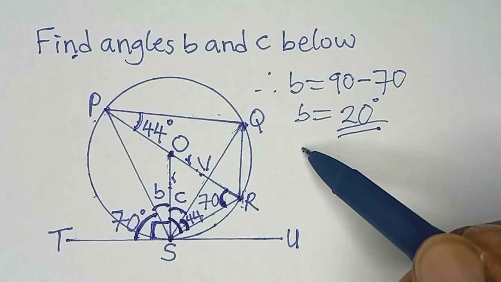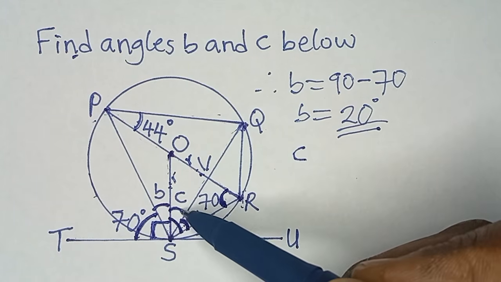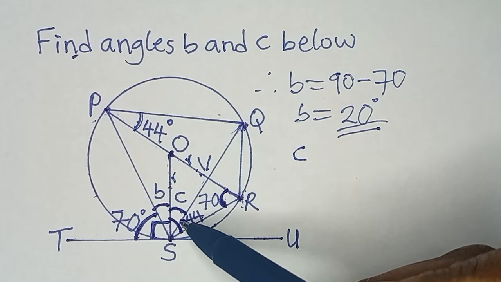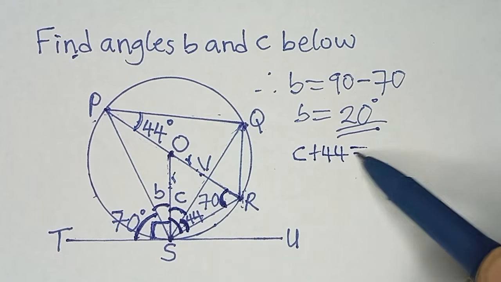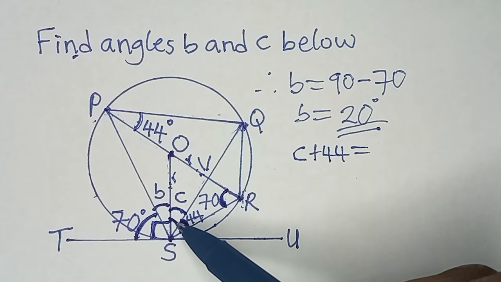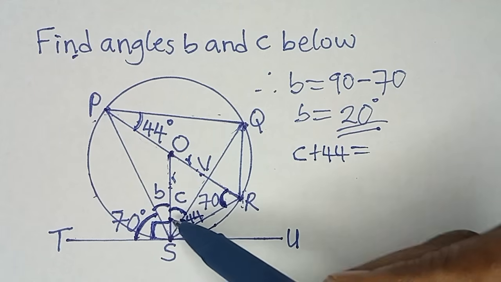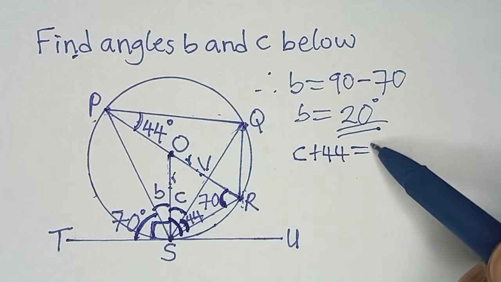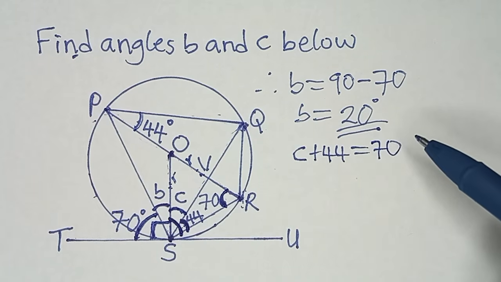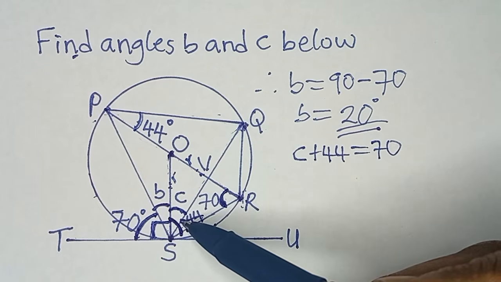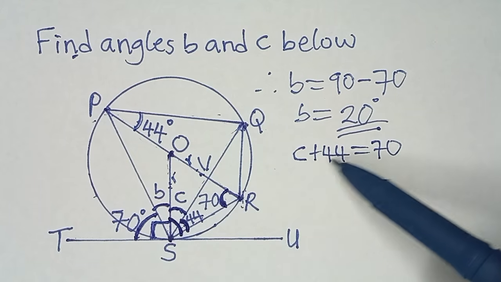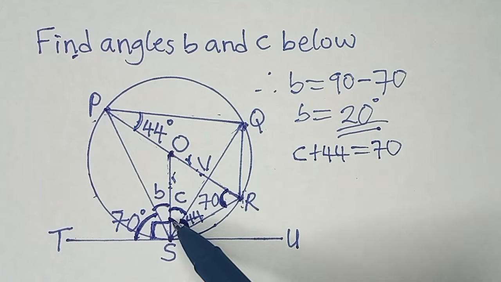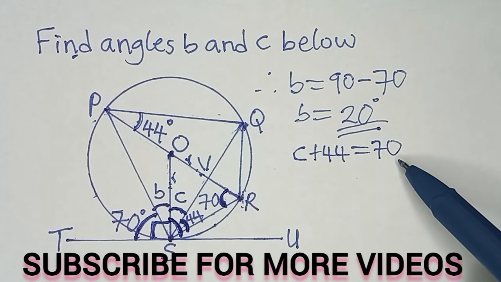So I can simply say that angle C, which is one of the portions of the 70 degrees, plus the 44, all together give the whole angle, which is 70. Don't forget, this is the second base angle, which is also 70 degrees. So a portion of it, which is 44, plus the remaining portion, which is C. You can see me adding them together now. All together give us the full angle there, which is 70 degrees, and that is what I've written down.